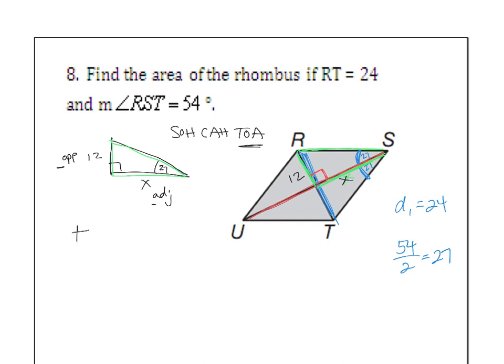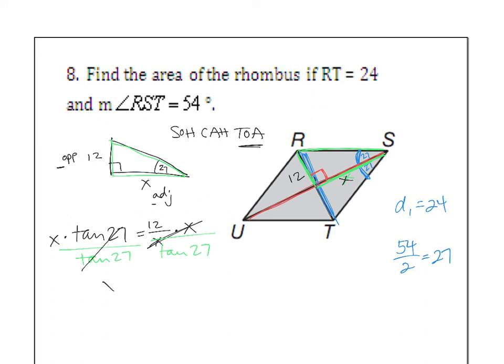And we're going to say tangent 27 equals opposite over adjacent. All right, we're going to have to solve by multiplying by whatever's on the bottom of the fraction. So our x's will cancel out. And then remember, it's x times tangent 27, so you have to divide by tangent 27 on each side to solve it.